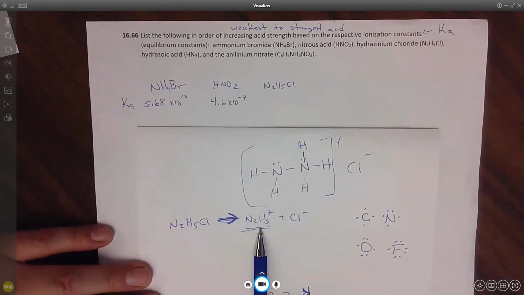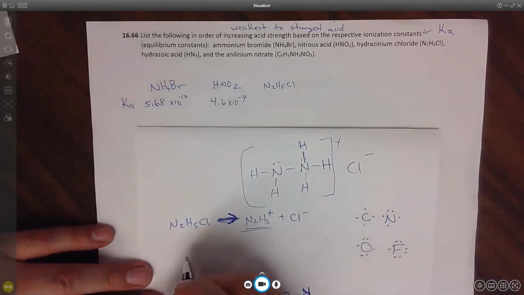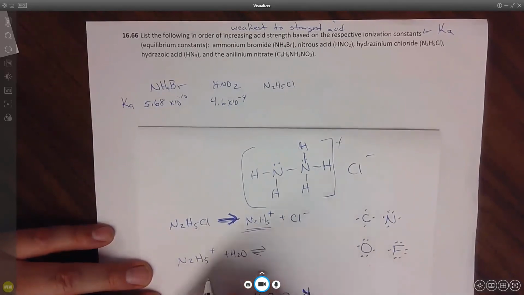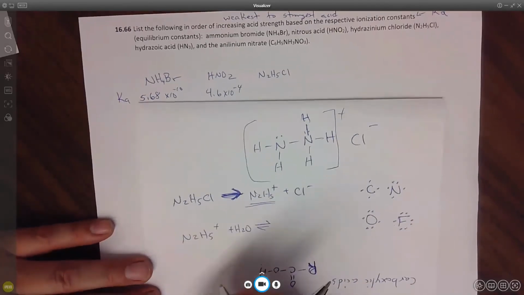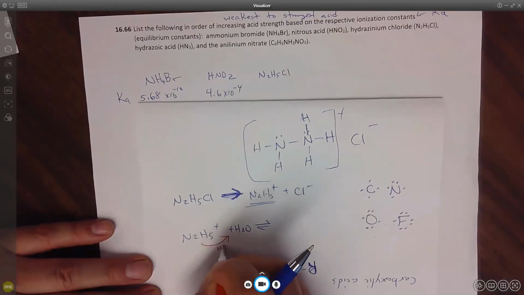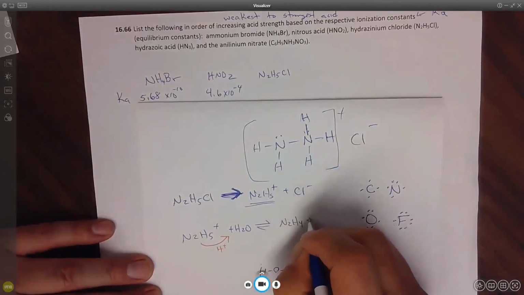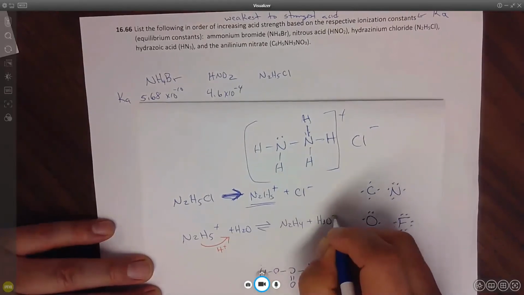What do you think the base is called? Because this is going to act now as an acid. It's going to react with water, donate a proton, and form N2H4 plus H3O plus.